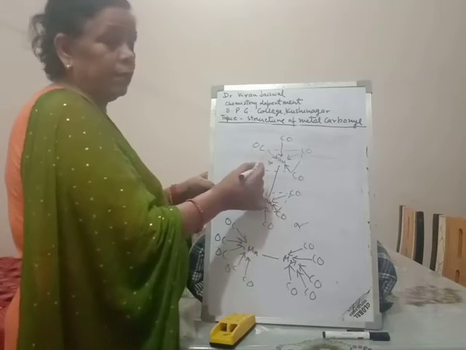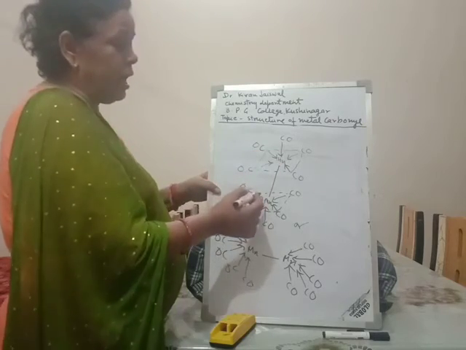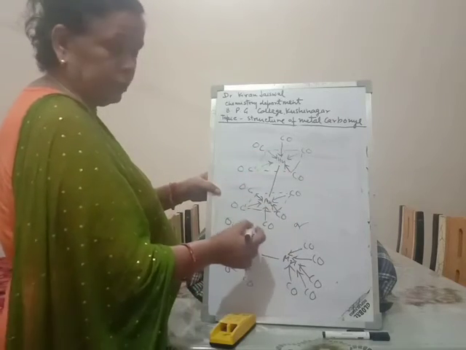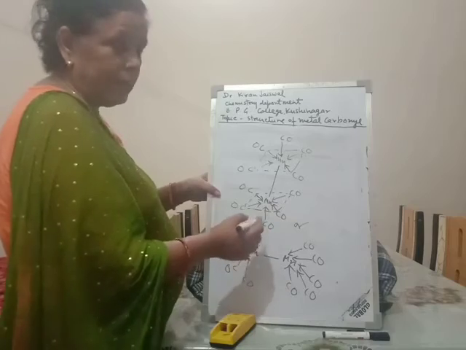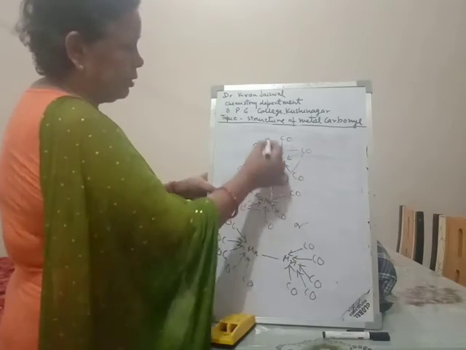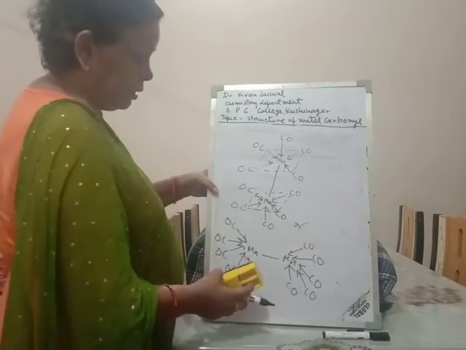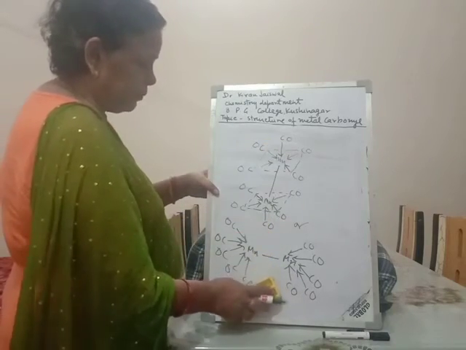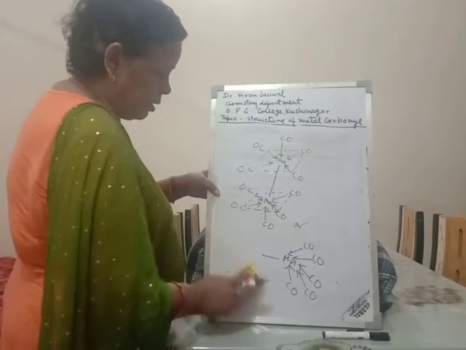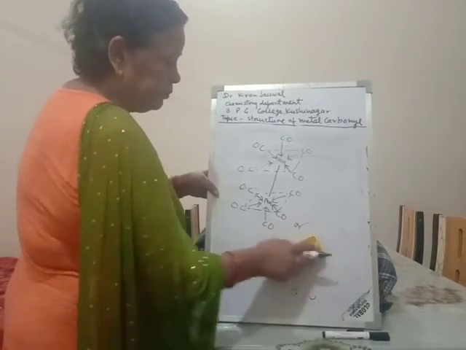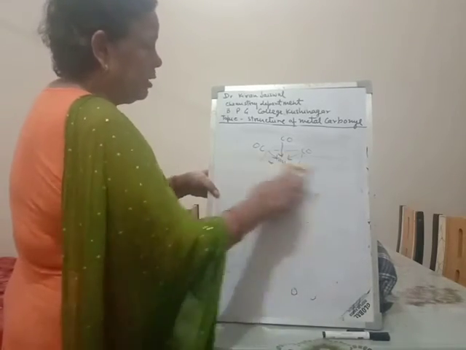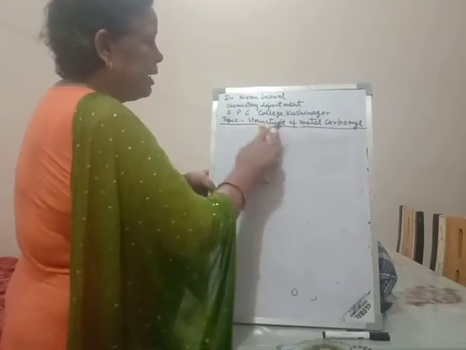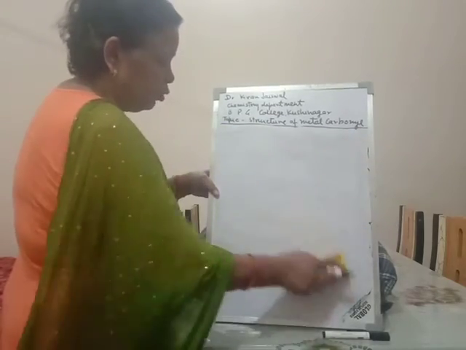So it is d2sp3 hybridization, and all the electrons are paired, so it will be diamagnetic, and the structure will be octahedral. This is the structure of dimanganese decacarbonyl, Mn2(CO)10.